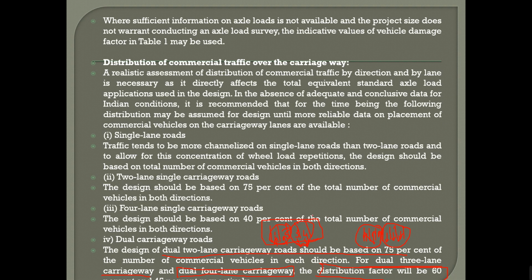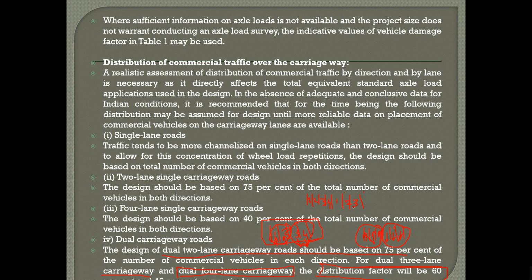For a dual 4-lane carriageway, say for example, this is a dual 4-lane carriageway, 1, 2, 3, and this is 4. Dual means two times, duplication in both directions. For a dual 4-lane carriageway, what is the other word I can make use of?